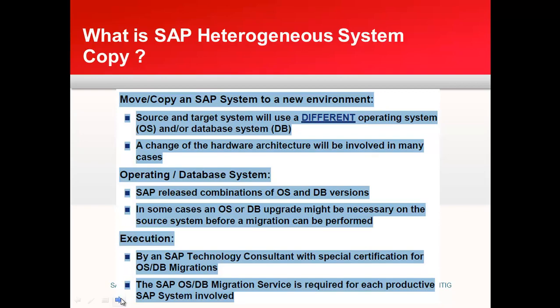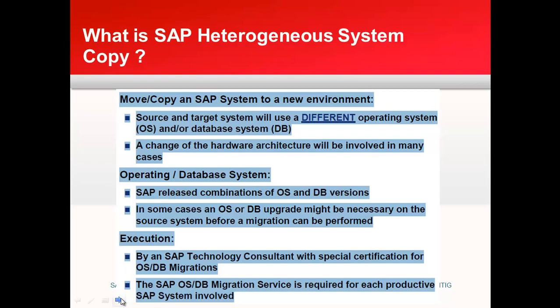Change of hardware architecture will be involved in many cases. Say for example, you are running on HP hardware, and you want to move to AIX, or to Red Hat Linux or SUSE Linux or any other operating system.